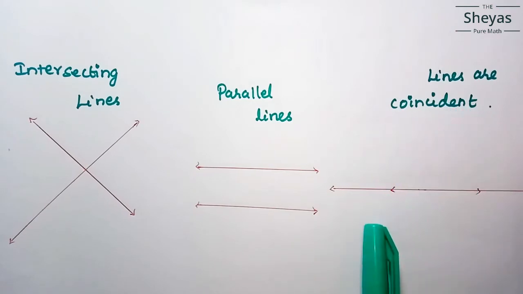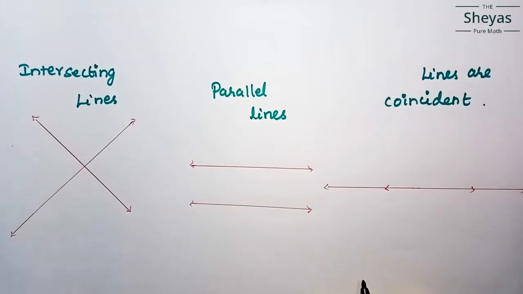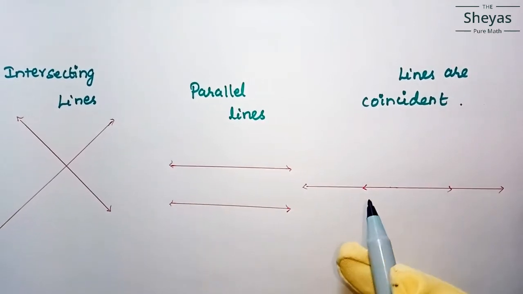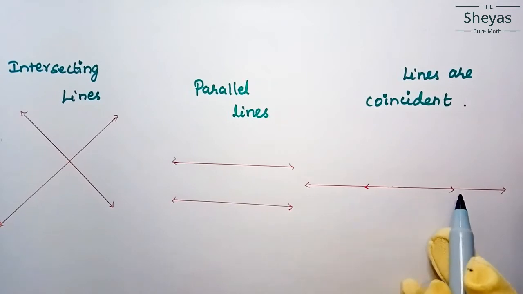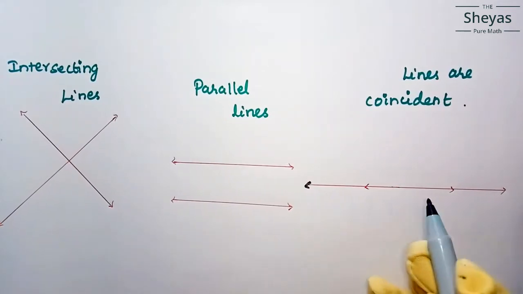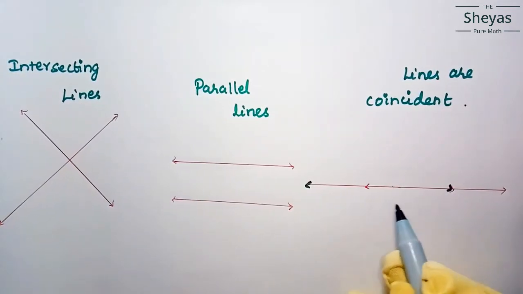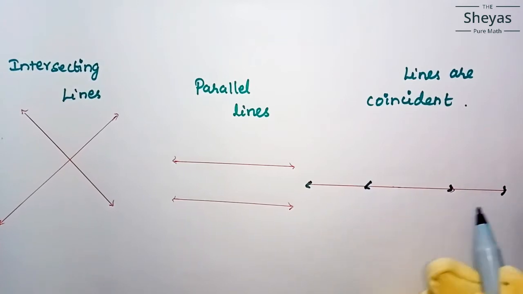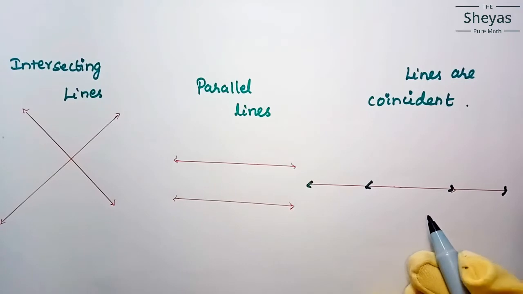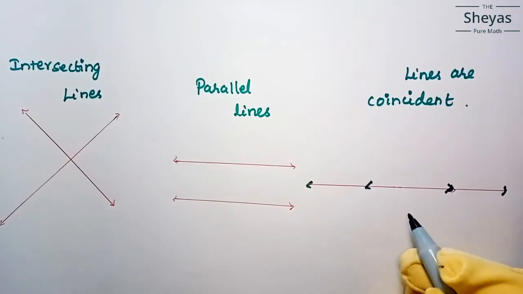Lines are coincident. See, for example, I can start the line from here to here. The next line can be from here to here, which lies on the same line, which lies on the previous line.